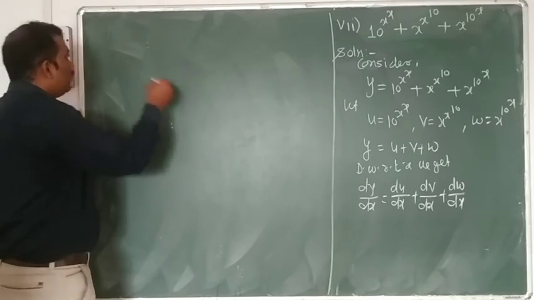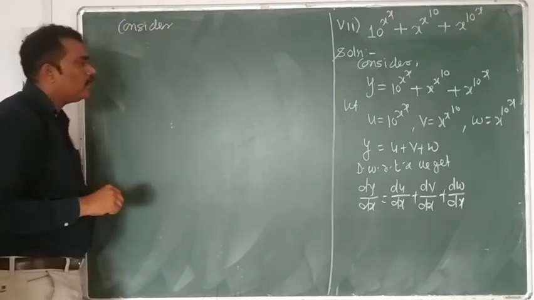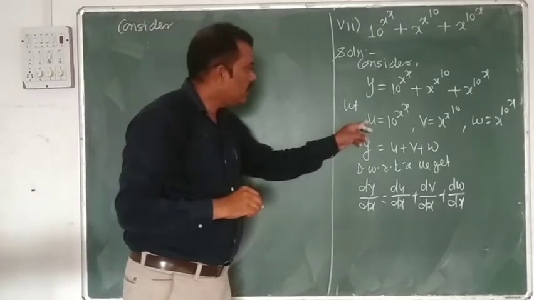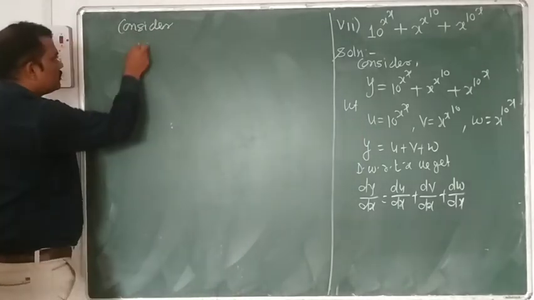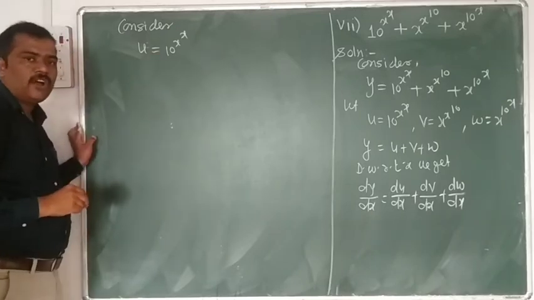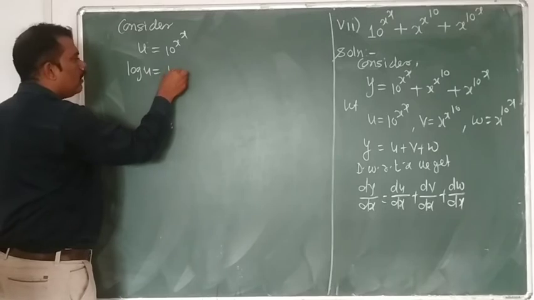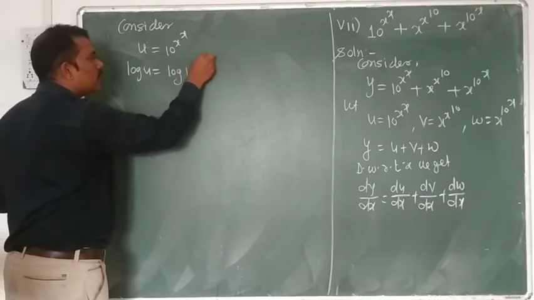First of all, we have to consider u is equal to 10 raised to x raised to x. Now taking log on both sides, we get log of u is equal to log of 10 raised to x raised to x.